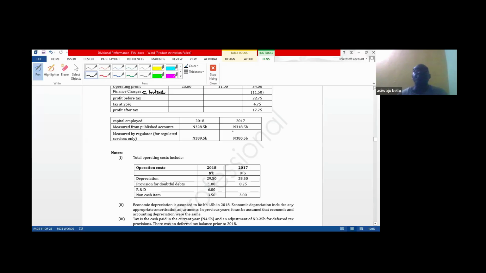Now look at it. 2017 closing capital employed was 318.5. 2018 closing capital employed was 328.5. Which one am I going to pick?